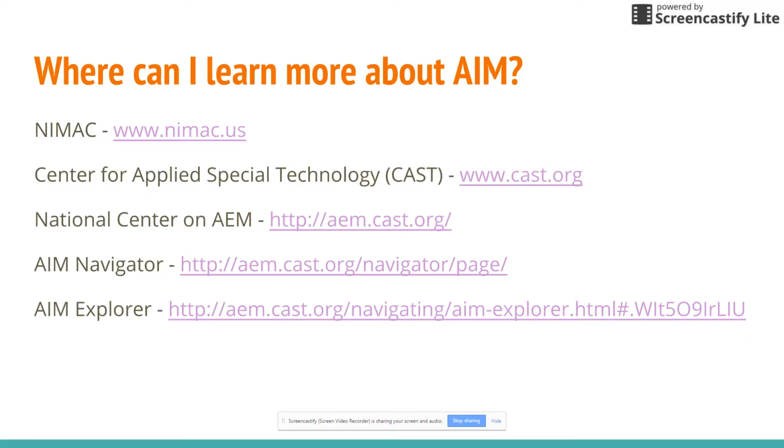The AIM Navigator is a website that you can go through, and you can just click through each consideration of when to use AIM, or who needs AIM, how do you access AIM, which type of AIM are you going to use, and it gives you information and it helps you kind of see how that consideration process goes. And then the AIM Explorer is a downloadable tool that you can put on your computer, and you can find information about the different types of features of accessible instructional materials.